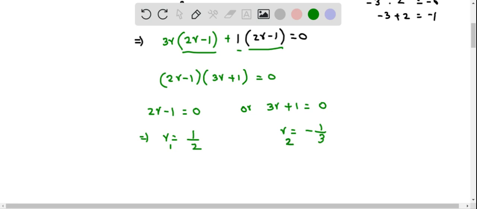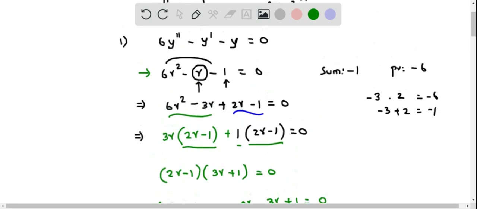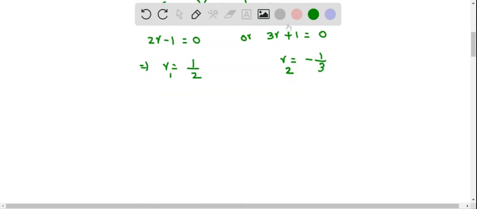So we have obtained two values for r. Now we can write the homogeneous solution. Let's write this as yh, and this is given by a e power r1x, that is half x, plus b, which is a constant, e power r2x, which is negative 1/3 x.